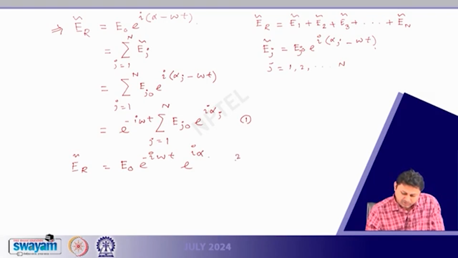and this is my expression 2, then these two expressions if I compare, then I simply have the superposition of n number of waves.